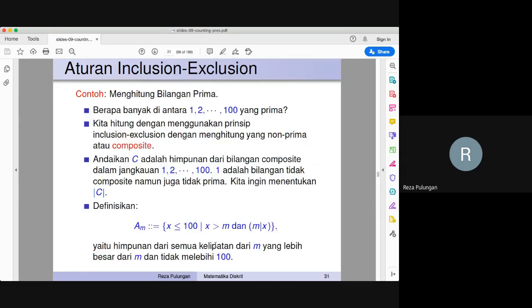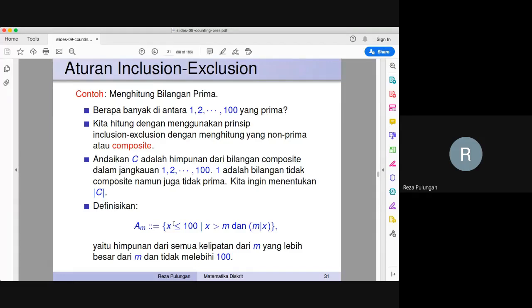Let me show you an example. Let's take A2. What is A2? A2 is all numbers x less than or equal to 100, x is larger than 2, and 2 divides that number. So this is easy. A2 is all multiples of 2. What are the multiples of 2?